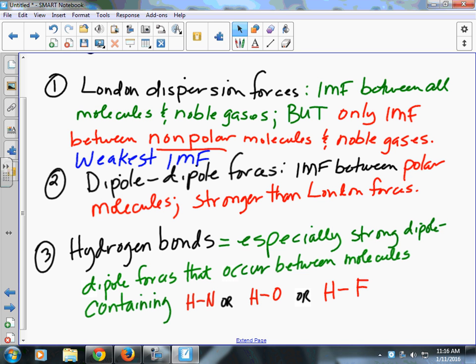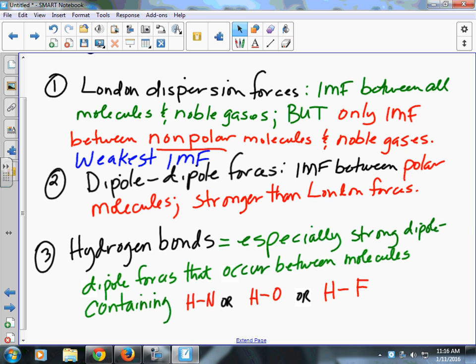Hydrogen bonds are dipole-dipole forces, but when you've got a molecule where hydrogen is covalently bonded to either nitrogen or oxygen or fluorine, look where they are on the periodic table. Those are the most electronegative atoms. They are electron hogs.